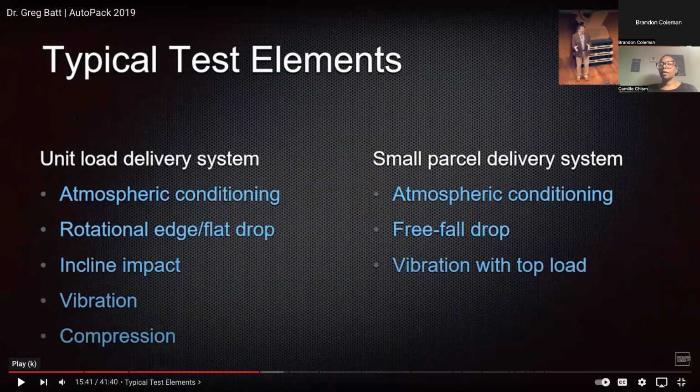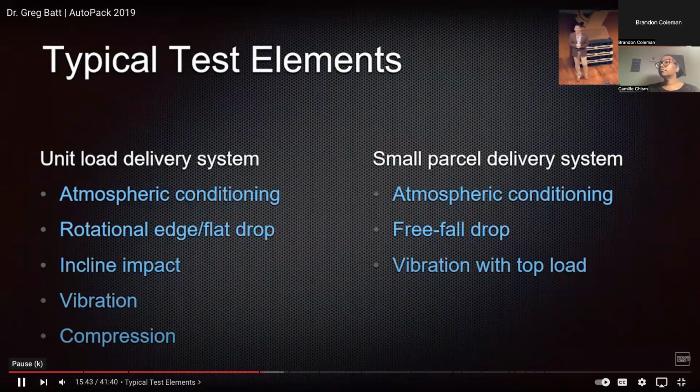So noticing that video I showed you with the drop tester, they were rotating that box and dropping it on corners and edges. That's going to be more in line with what you might see in an automotive environment versus the small parcel. You're going to see more hand carried parts or packs or things going on conveyors.